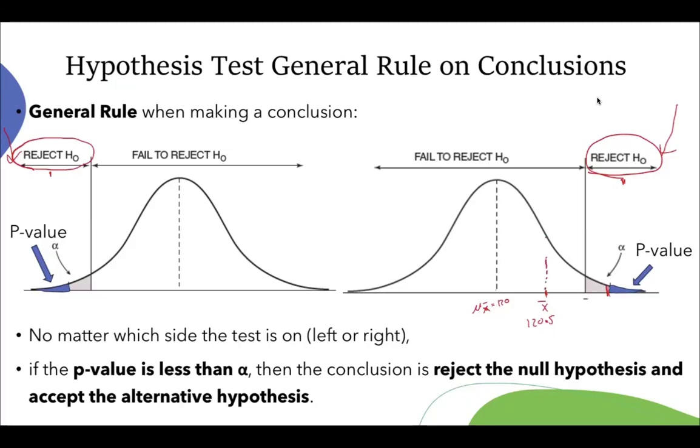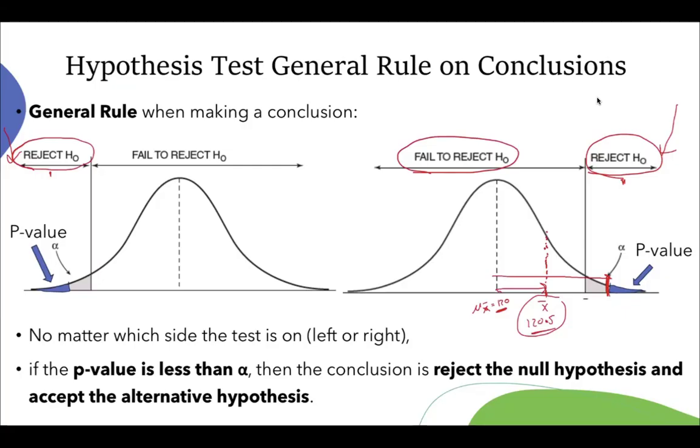I'm putting it out here intentionally because I want to show you that sometimes you do end up with a sample mean that is still greater than the population mean. 120.5 is greater than 120, but it's not great enough. It's not significant enough. It is an increase, but it's not a significant increase, which is what we got when we got an X bar of 121. And when that happens, that's when we fail to reject the null hypothesis.